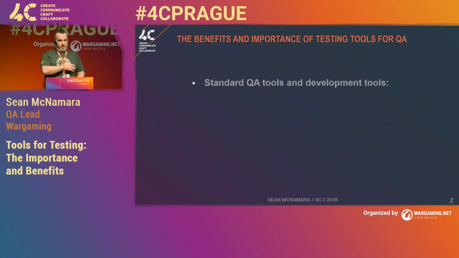Rarely does QA have access to other tools or development tools. Development tools are a lot different. They're usually used for development, so they'll have Adobe Suites, Jira, and stuff like Maya, Max, ZBrush for artists, proprietary software for designers. This can be very expensive to get licenses for, especially if you have a large QA department.